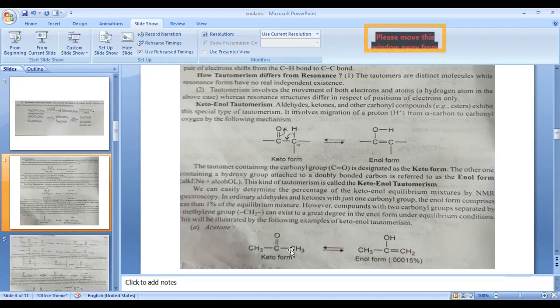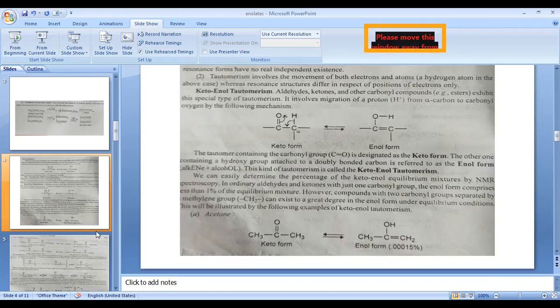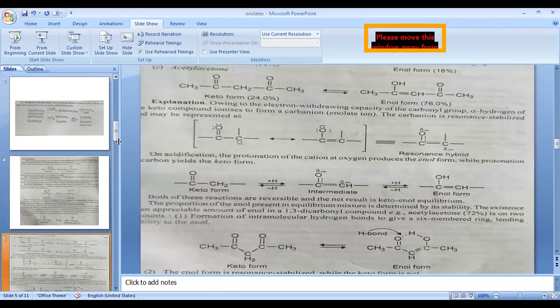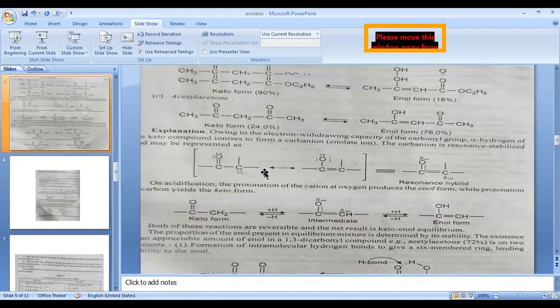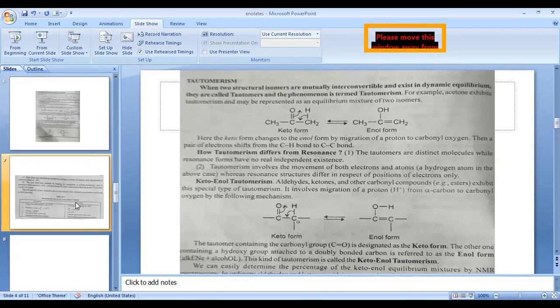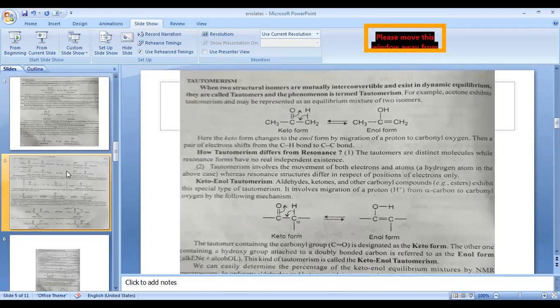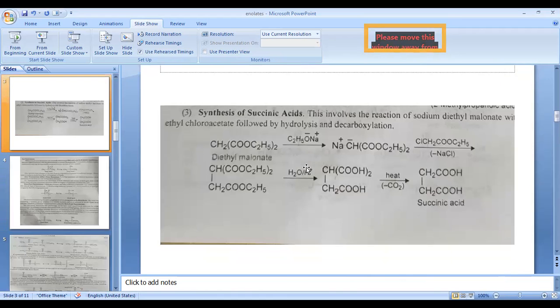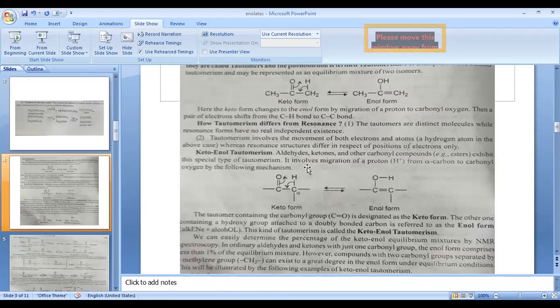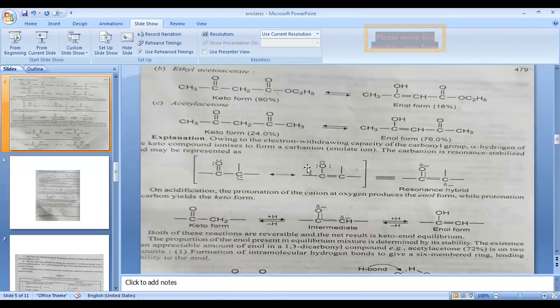So here, this is the keto form, this is the enol form. Okay, so in ethyl acetoacetate, this is the ethyl acetoacetate. Now come to keto-enol tautomerism in the case of ethyl acetoacetate.